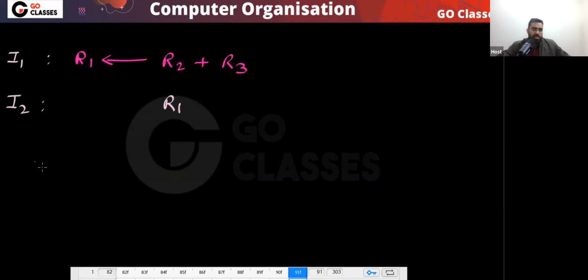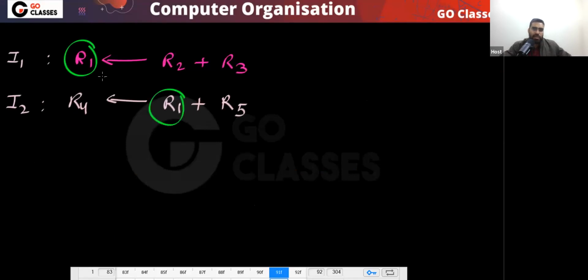In instruction I2, let's assume it is R4 plus something. Now you can notice that this is a dependency. Can you notice that this result, R1, you are going to use here?